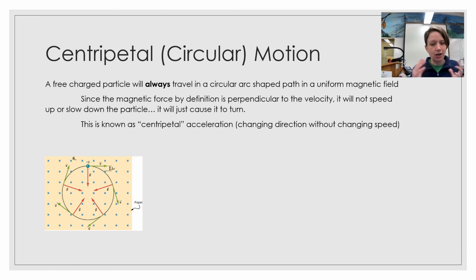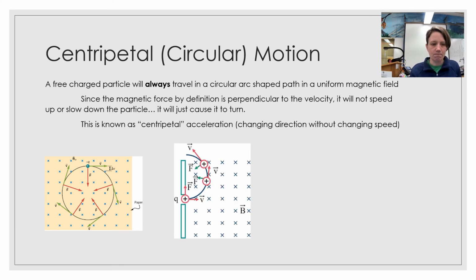And there is actually an equation on the equation sheet that we will be using any time we have centripetal motion. A couple other images can demonstrate this circular motion. This is a pretty common situation where you fire a particle into a magnetic field through a slot, so it doesn't show beforehand, but that particle is moving straight in through that slot.